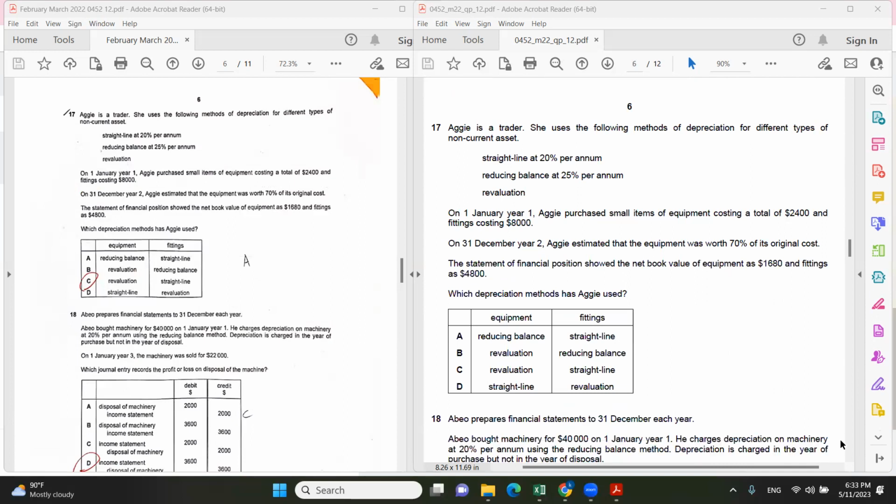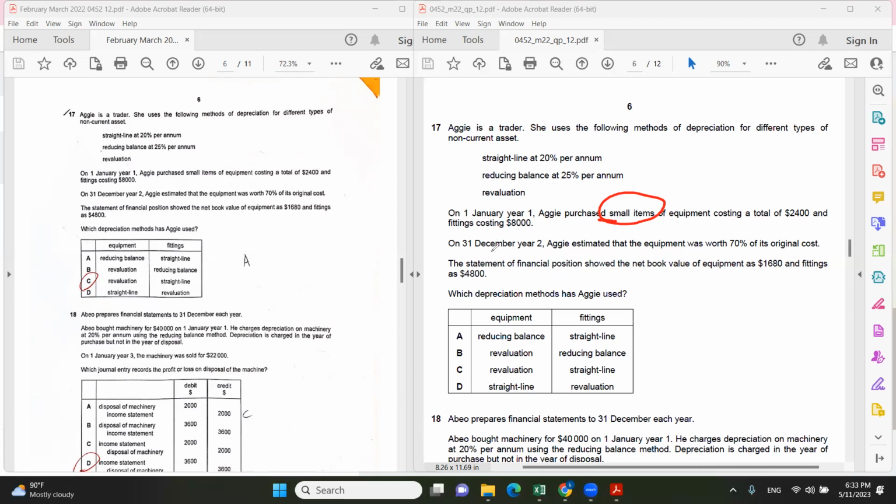Next is 17. Angie is a trader. She used the following methods of depreciation for different types of non-current asset: straight line, reducing balance, revaluation. On 1st January year 1, Angie purchased a small item of equipment costing 2004 and fittings costing 8,000.